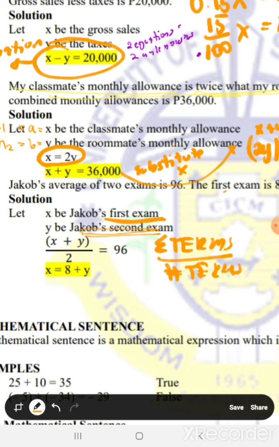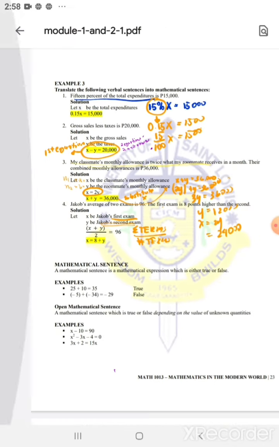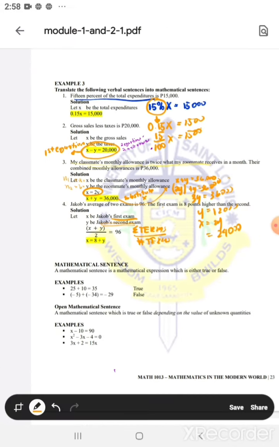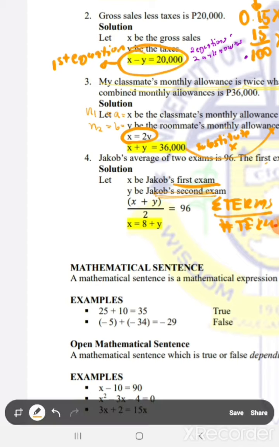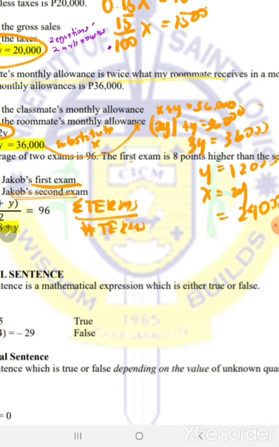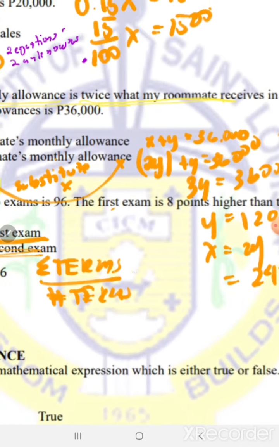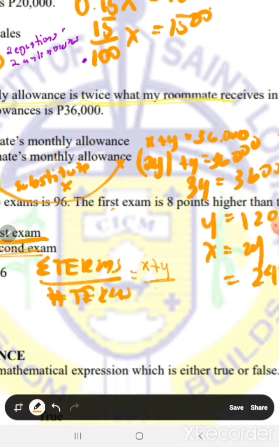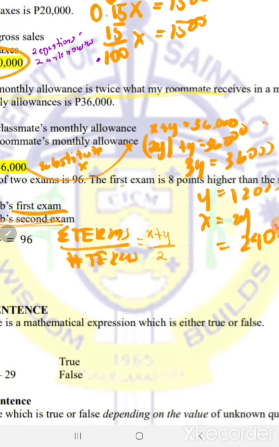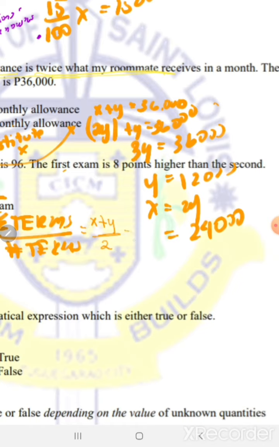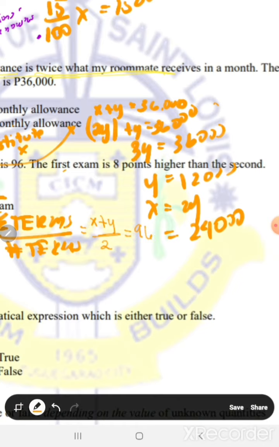Okay, so there are two terms. If you are taking the average, it is the summation of the terms, which is equal to X plus Y, and there are two terms. So therefore, it is the average of two numbers which is equal to 96. This is our first statement.